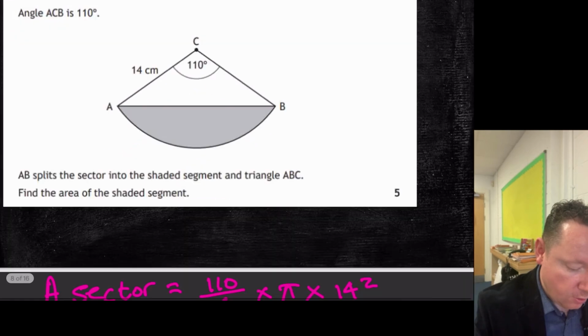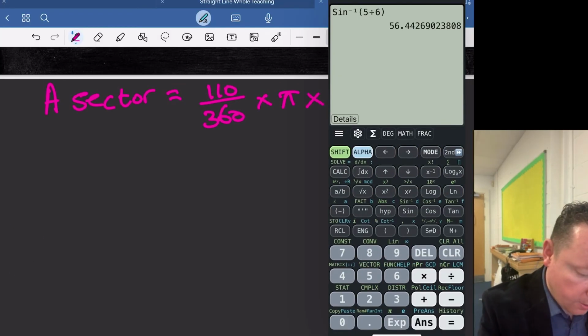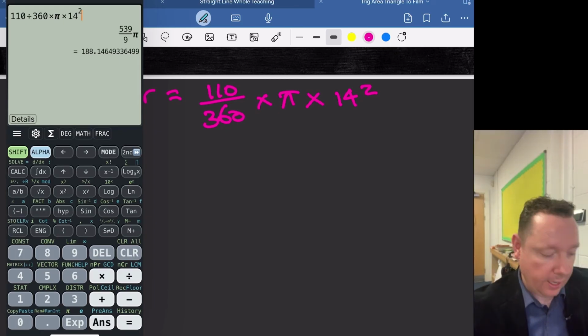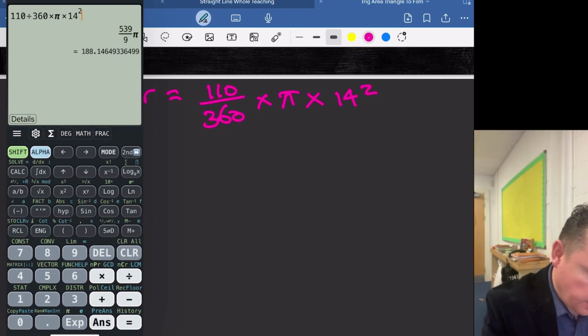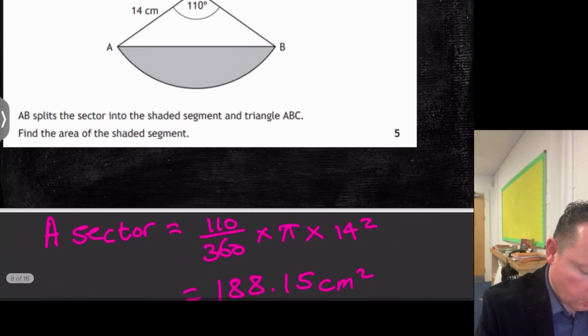Now this was a calculator paper, so we can just get our calculator out and do 110 divided by 360 times our pi times 14 squared, and we get an answer of 188.146, so 188.15 would be fine, centimetres squared. And then we'll do the area of our triangle.